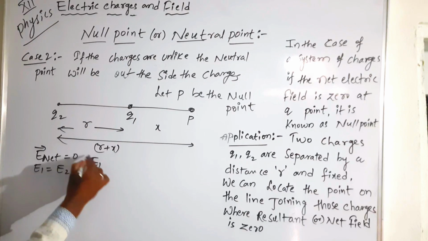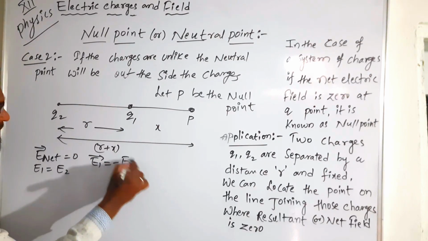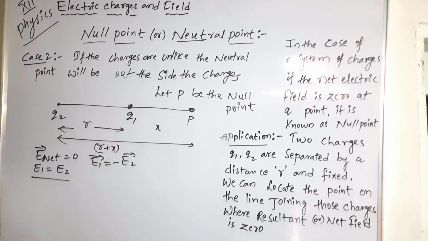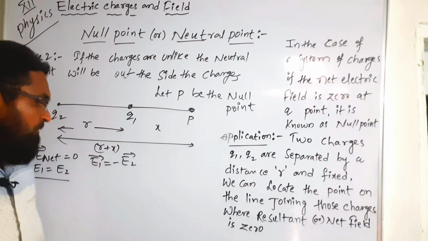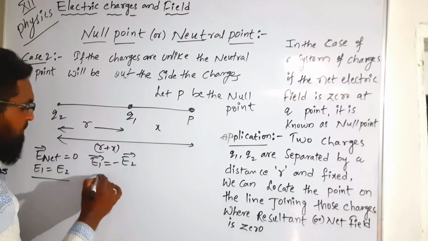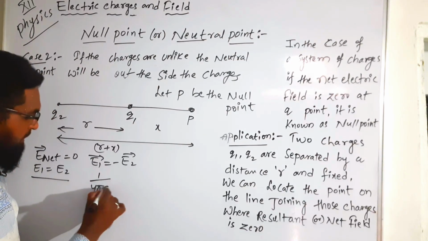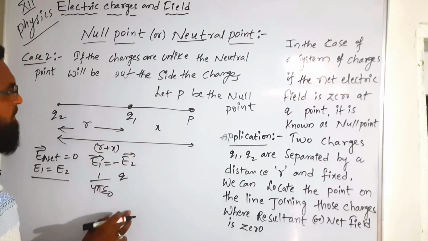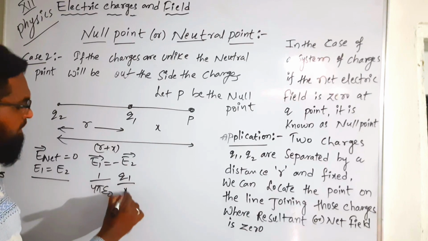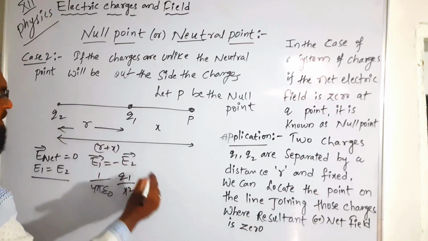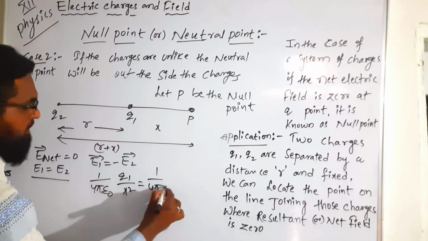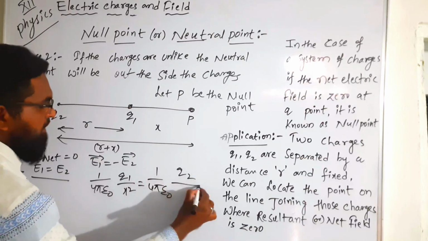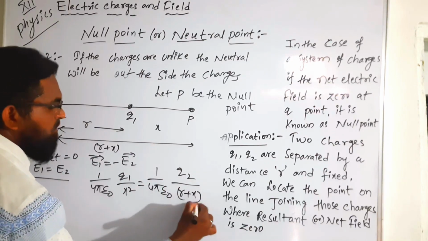In vector form it is E1 bar minus E2 bar, and when writing the magnitude relation, E1 equals E2. Now E1 is 1 by 4 pi epsilon naught Q1 by x square, and the second one is 1 by 4 pi epsilon naught Q2 by R plus x whole square.